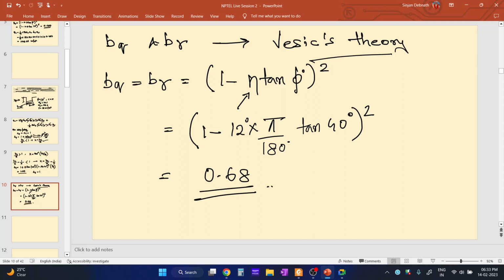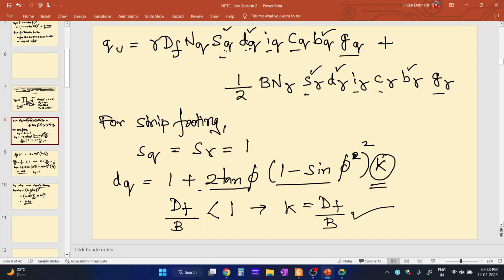So now I believe we have the values of all the parameters. We have sq, dq, bq, s gamma, d gamma and b gamma. So now let us put all the values of all the parameters into this equation number 1.